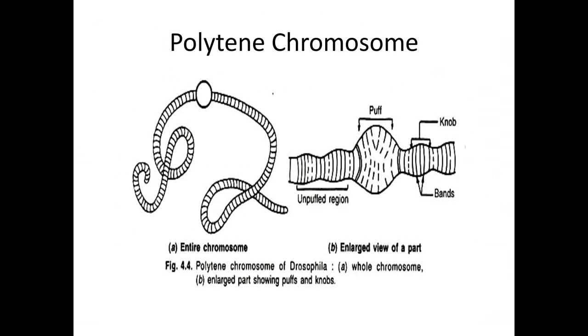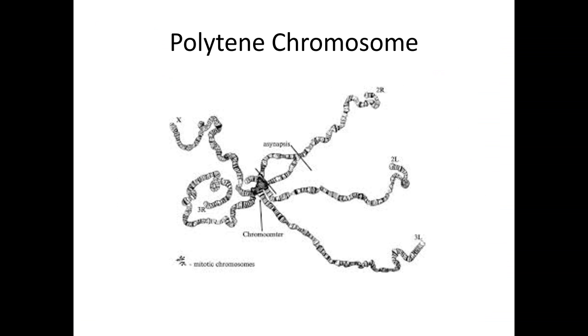On the entire chromonema, light and dark bands are present. The polytene chromosome of Drosophila is enlarged, and it generally shows light bands and dark bands. So this is regarding the polytene chromosome.